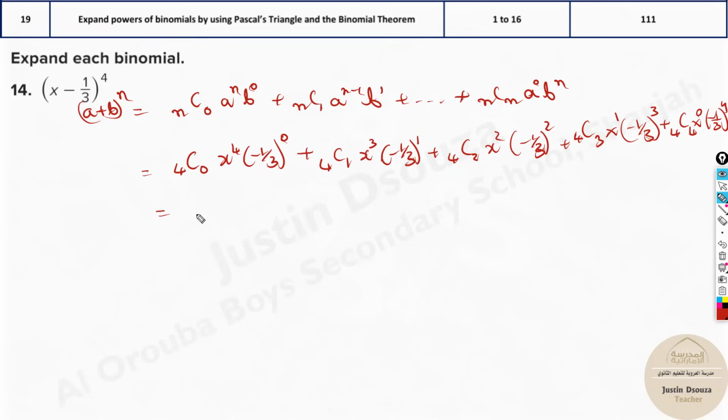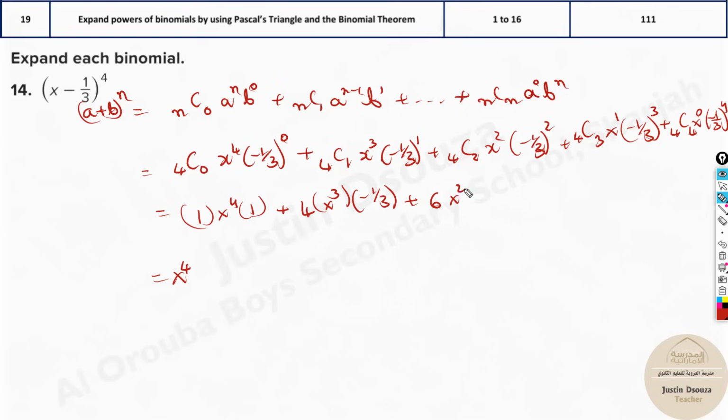Now we simplify. 4C0 is 1, x to the power 4, this becomes again 1. So it's just x^4 over here. What about the next term? 4C1 is 4, x cubed, and this is minus 1/3 only. Plus, what about 4C2? 4C2 will be 6, right?